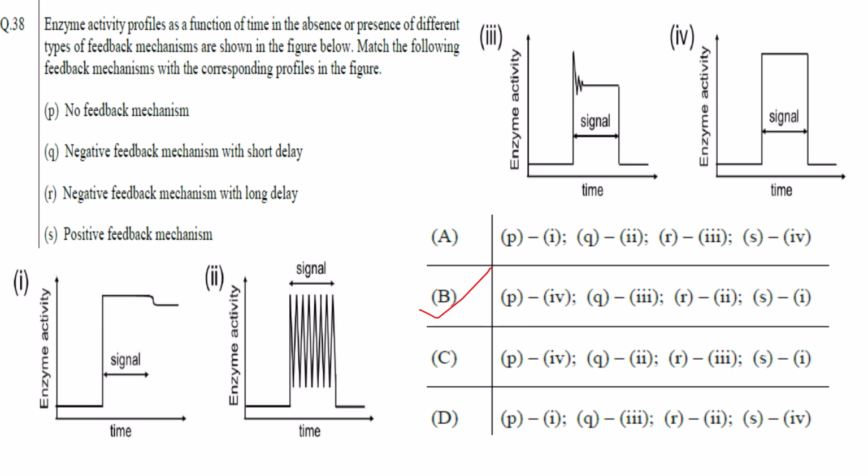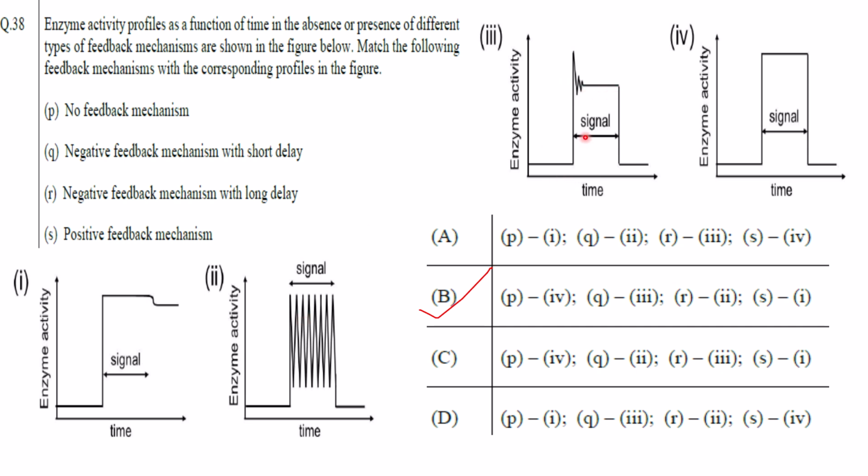Okay, we will see Q and R. Negative feedback mechanism with short delay. So Q must be this one, 3. There is a short delay.